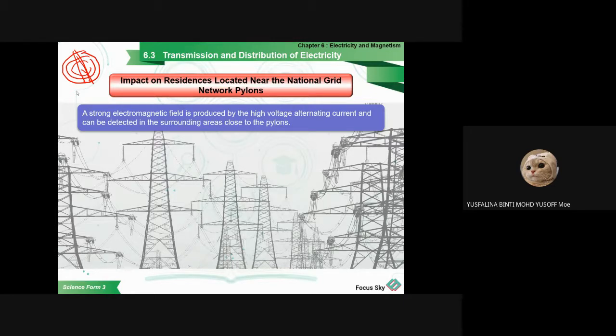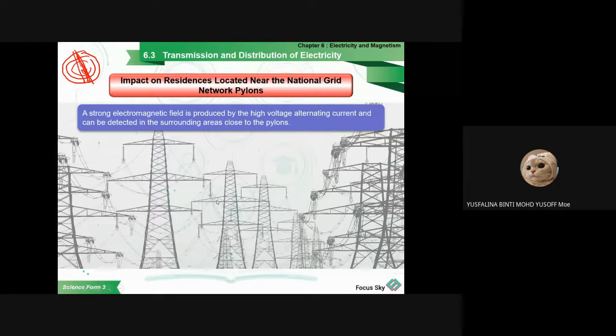You can use the right-hand grip rule to determine whether the field is clockwise or anti-clockwise. I will not discuss this now, because you will learn it later if you take physics. Every current that flows has a magnetic field surrounding it. Imagine there are a lot of wires here, the wires are very long, and the current flowing through them is very high.